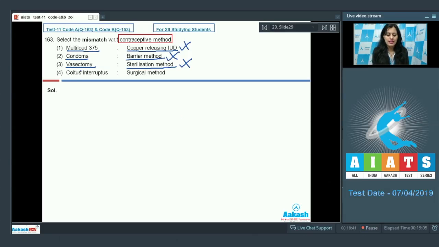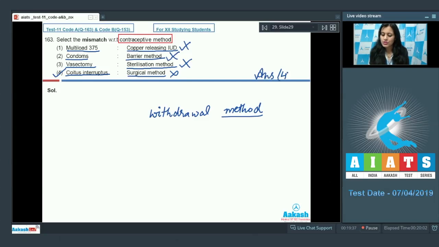The last match given is coitus interruptus and the match is surgical method, and as it is an incorrect match, this is the correct answer to our question because coitus interruptus or withdrawal method is a natural method of contraception in which withdrawal of the penis is ensured before ejaculation. So the correct answer to this question is option number 4. Let's discuss our next question.